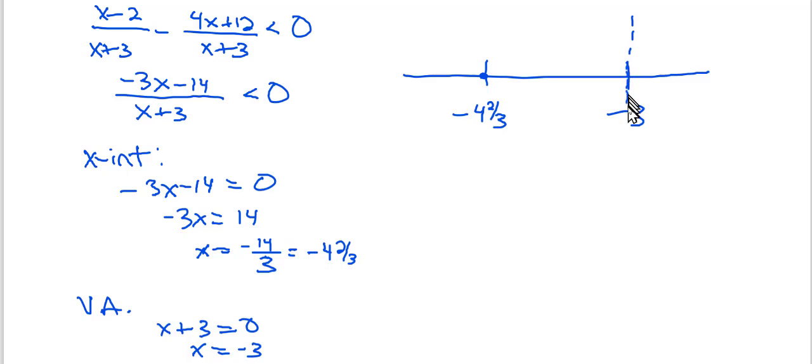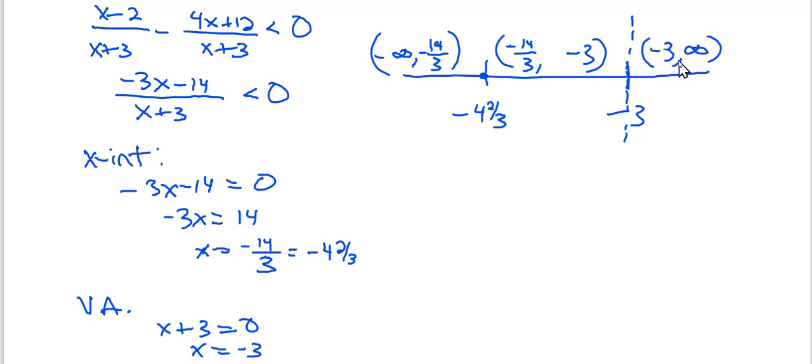This is an asymptote, negative 3. Intervals: negative infinity to negative 14 thirds, negative 14 thirds to negative 3, and then negative 3 to infinity.